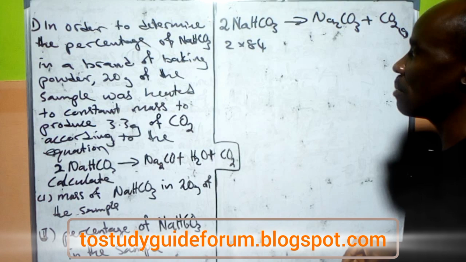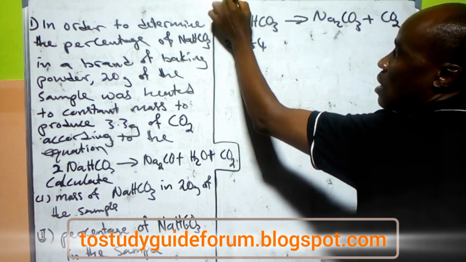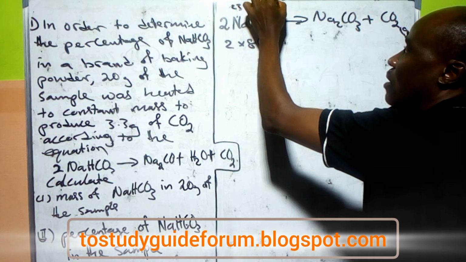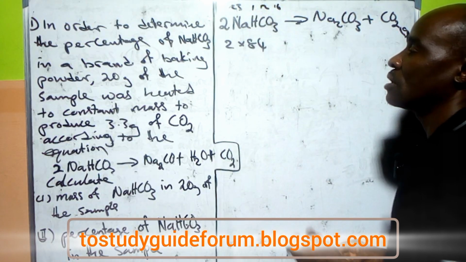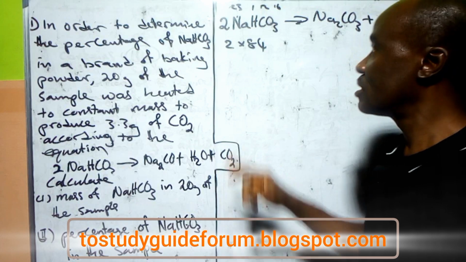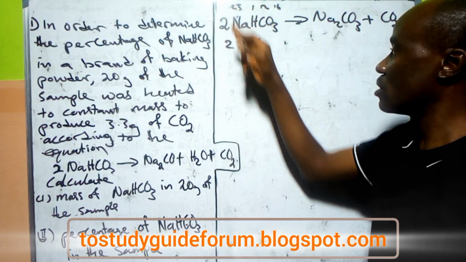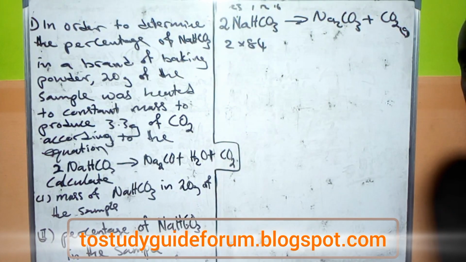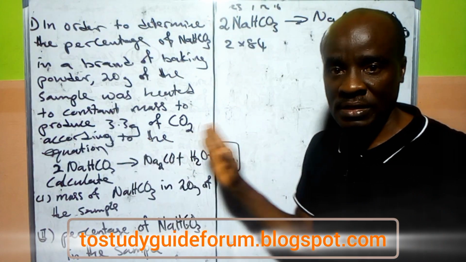Now, how do we get the molar mass? We know this is 23, 1, 12, and 16. 16 times 3 gives 48, plus 12, plus 1, plus 23, which gives 84. So that's how we got that. The next thing is to compare the two masses.